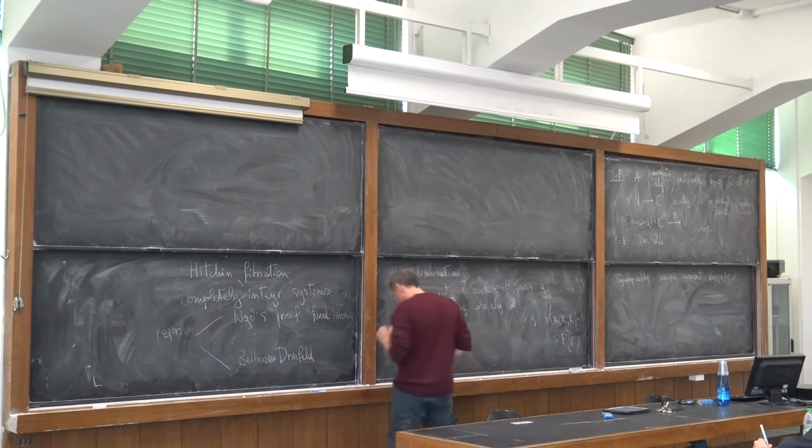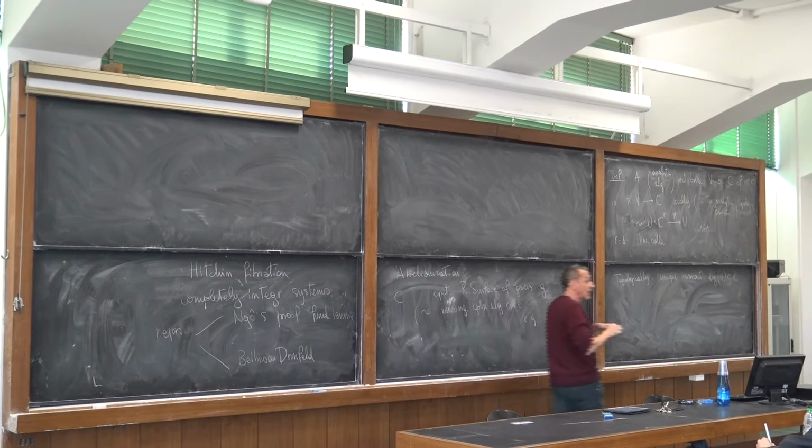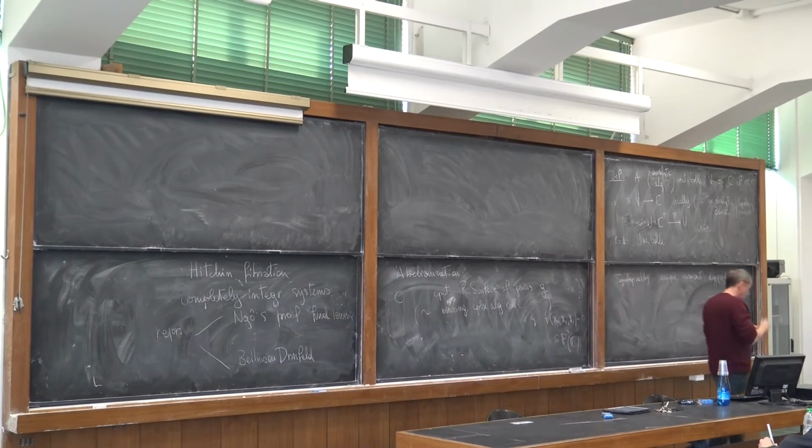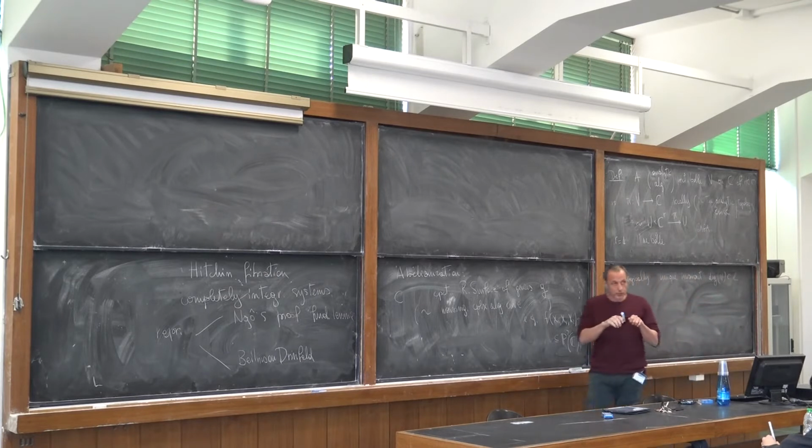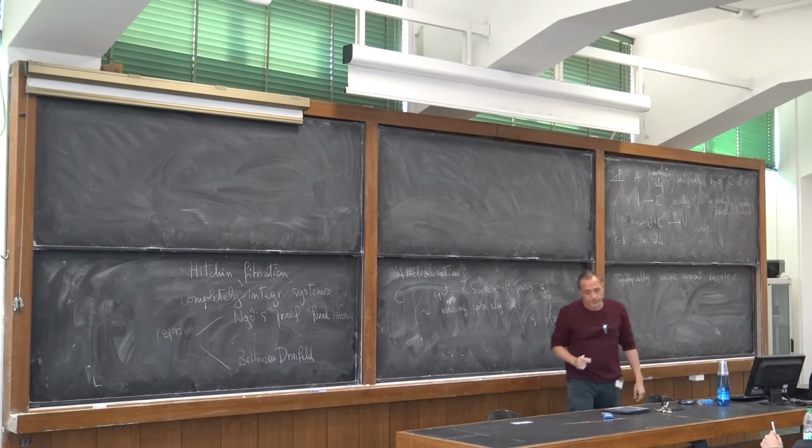And this may be understood as follows. If you take out a point from your Riemann surface, you have something which retracts onto a one-dimensional CW complex. Okay, you take out a point and then you retract into a wedge of circles.